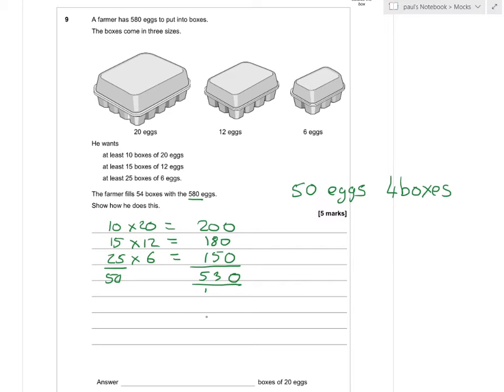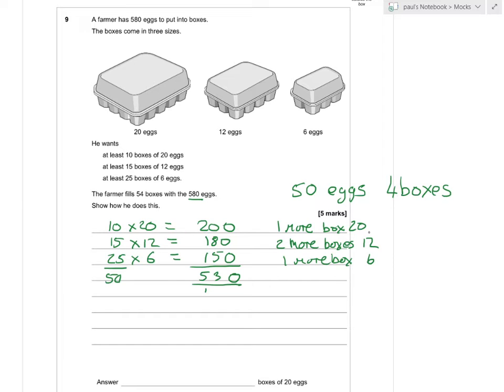So how many boxes of 20 eggs? Well, we need one more box of 20, 2 more boxes of 12, and 1 more box of 6.